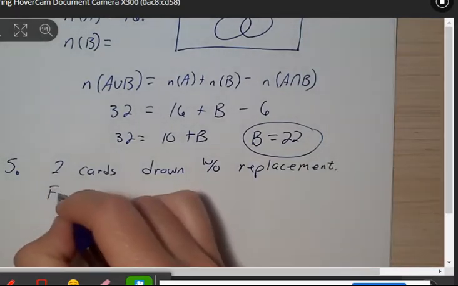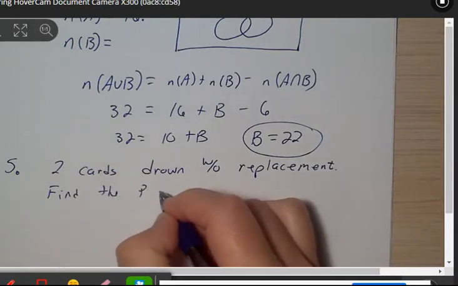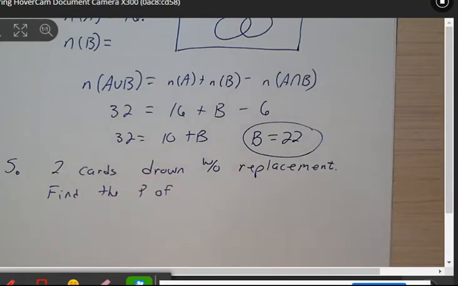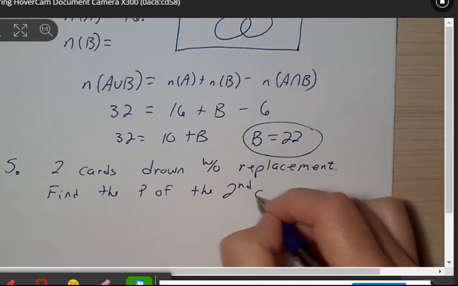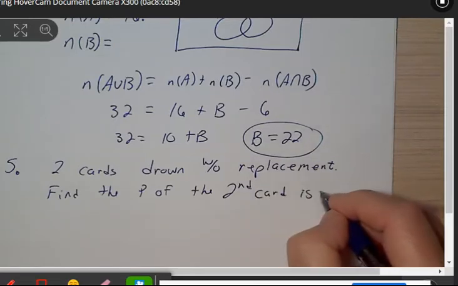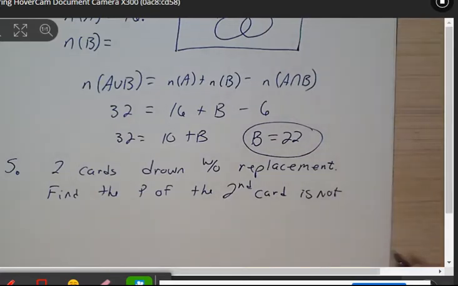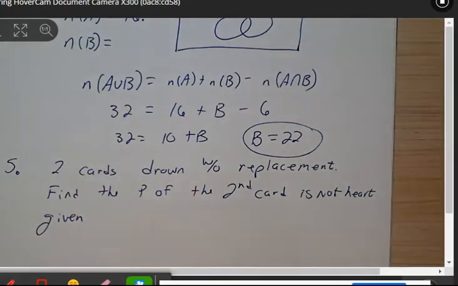So we're going to find the probability of the second card is not a heart, given that the first is a heart.